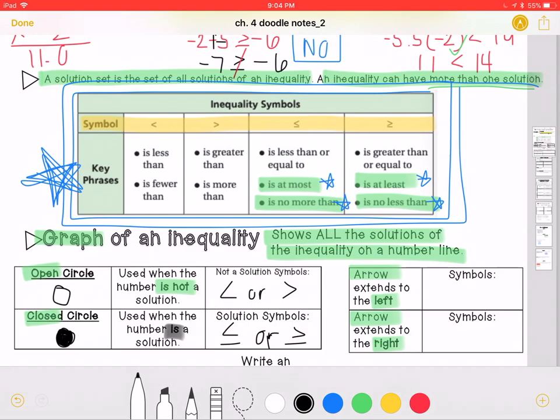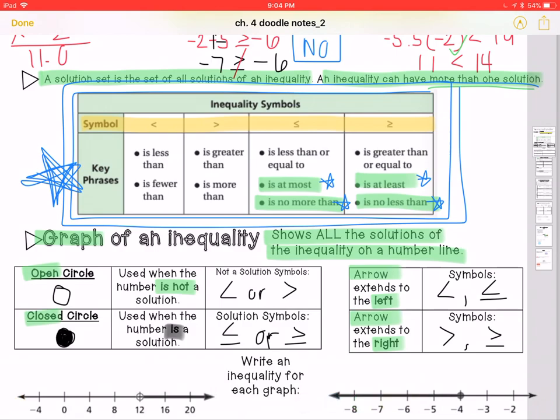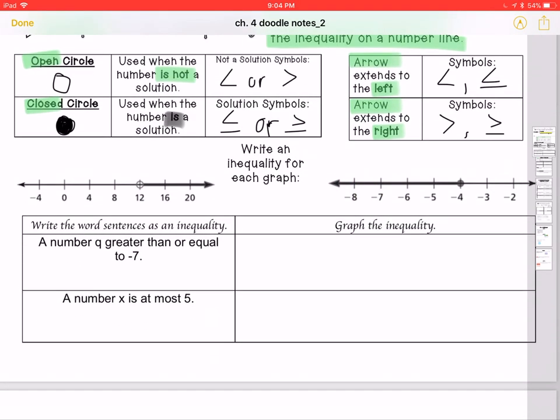When it's not equal to it, it stays open. Now, which way the arrow extends: if it's going to the left, think of numbers to the left. As you move to the left on a number line, we're looking at numbers that are less than or equal to. That would make our arrow go to the left. And if our arrow is going to go to the right, that means those are numbers that are greater than or equal to. So those are the symbols you would see when your arrow is going to the left or right.